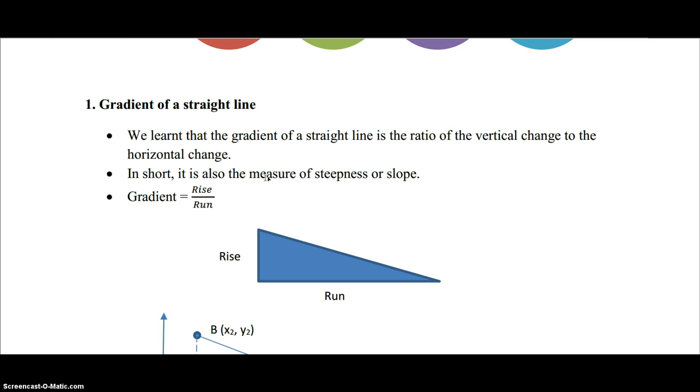If you look at this diagram, rise over run is equated by the gradient. The change in the rise and the change in the run will give you the gradient.